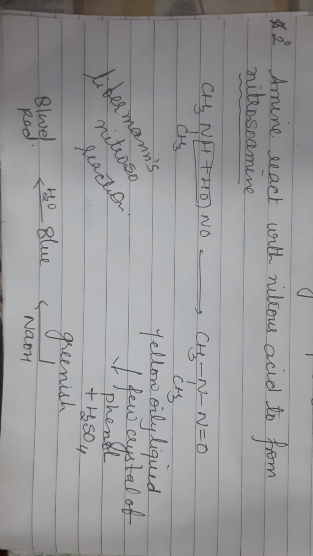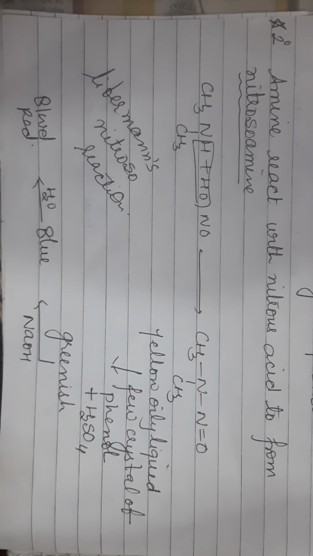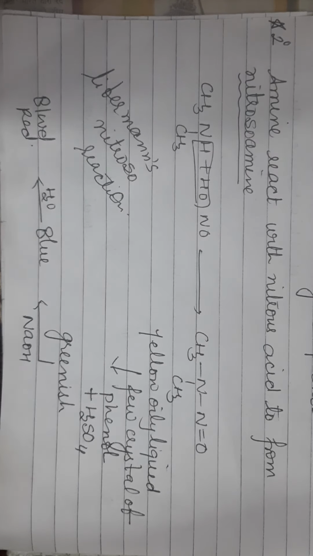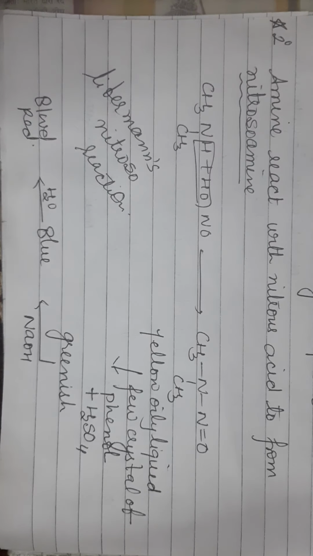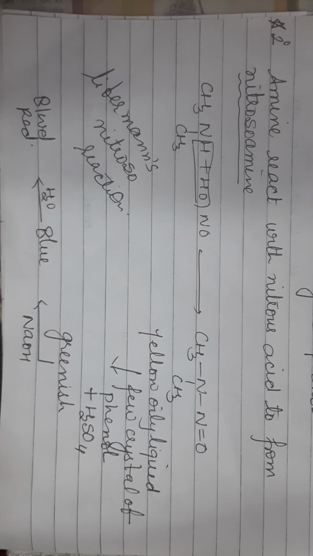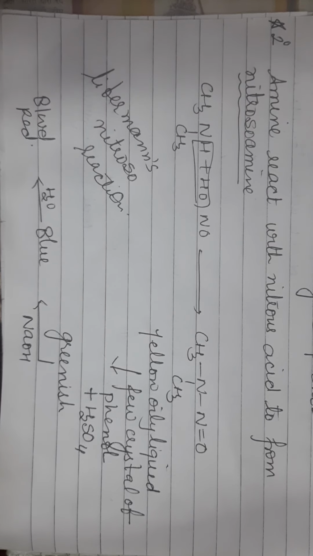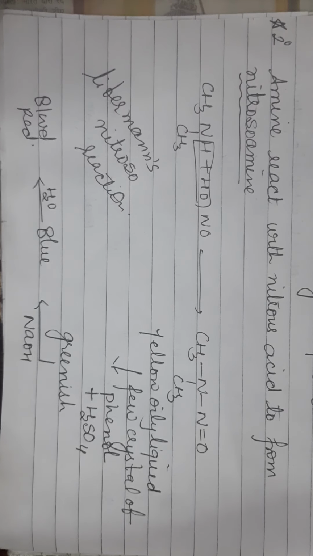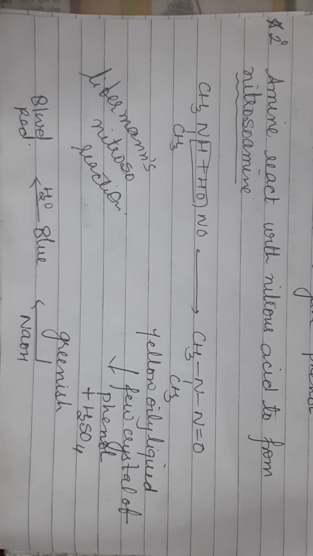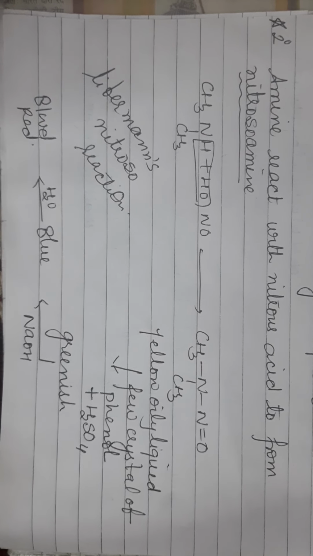When we add crystals of phenol and sulfuric acid to it, its color changes to greenish. When we add sodium hydroxide, it changes to blue. When we add water, the color changes from blue to red. So this test is shown by secondary amines.